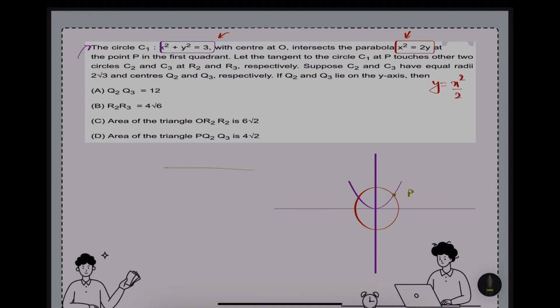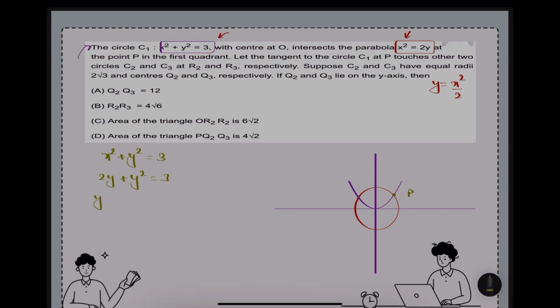Do you remember that while solving straight line we use the substitution method? So we will use the same concept over here. So look at this. The equation of circle was what? x square plus y square equals 3. So instead of x square I can use 2y, so 2y plus y square equals 3, means I have taken help of the substitution method.